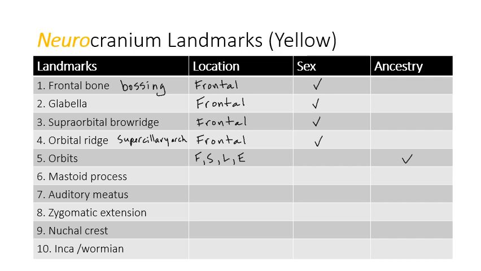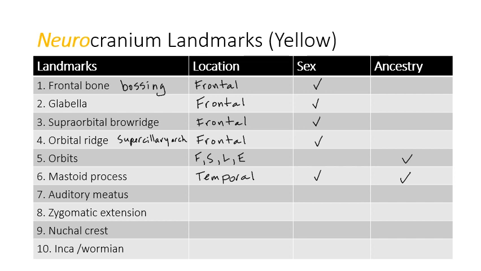Okay, our mastoid process, that's found on the temporal, and that helps us identify sex and ancestry. So what I would suggest is you make sure that you're going through this. You're going to have your notes, and when you're collecting your data, you're going to make sure that you take pictures of these areas.